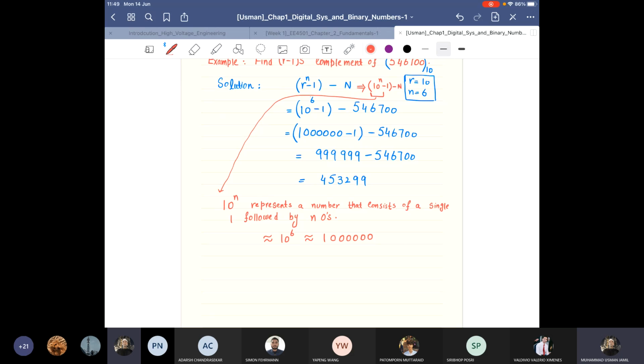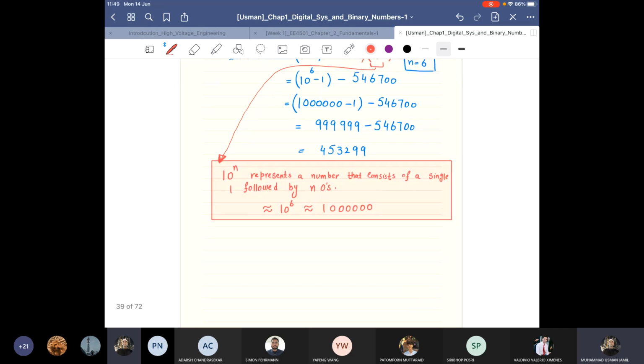That's why this statement is important. So 10 to the n represents a number that consists of a single one followed by n zeros.